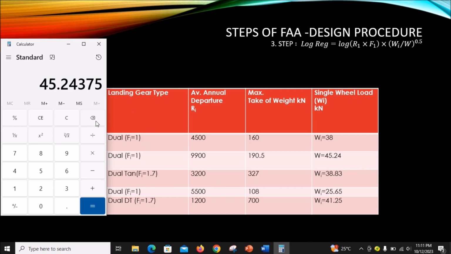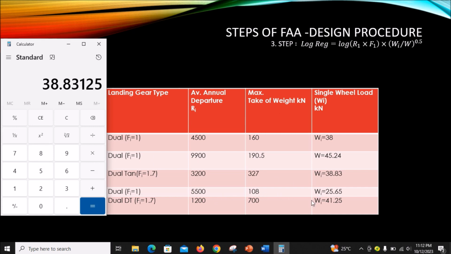Then we also go back, and for this very one, which is dual T, we said it is 8. We said 327 multiplied by 0.95, and then we divide it by 8. What do we have? 38.83. You can see it. Then for the other one, it's still the same with this very one, which is dual.